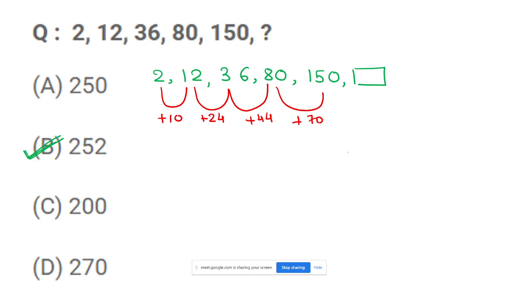Now I cannot see any pattern among 10, 24, 44, and 70, so I go one more level down. What is the pattern over here? The number is getting added by 14.